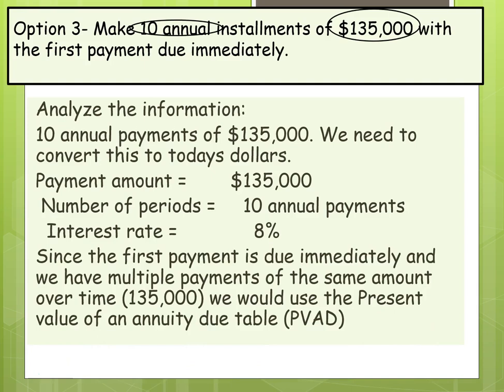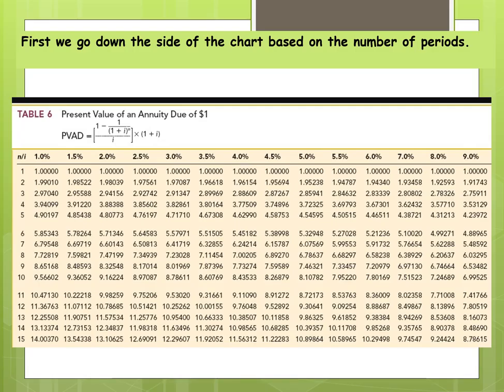Since the first payment is due immediately and we have multiple payments of the same amount, we're going to use the present value of an annuity due table, PVAD, which is what appears in your homework. So here's our present value of an annuity due. Always make sure you have the right table.